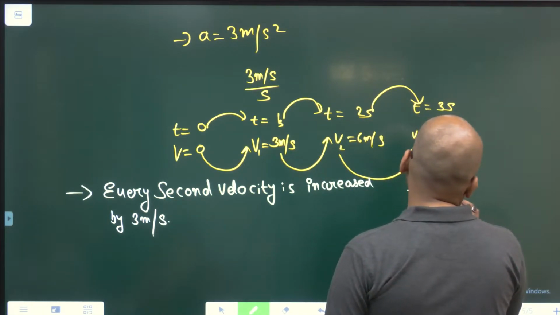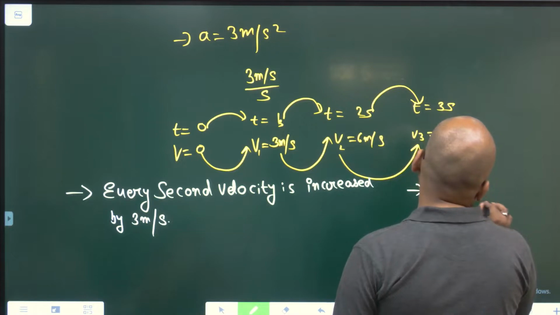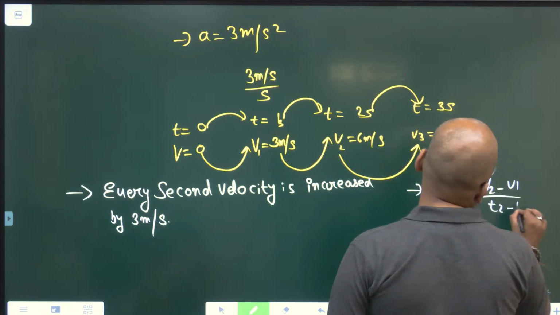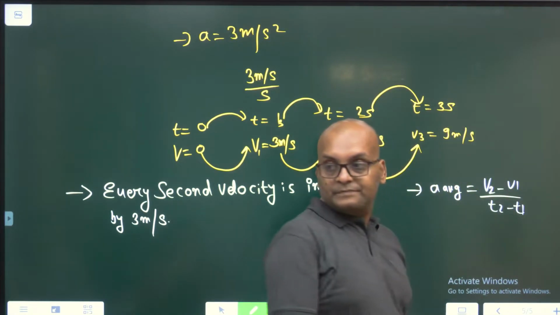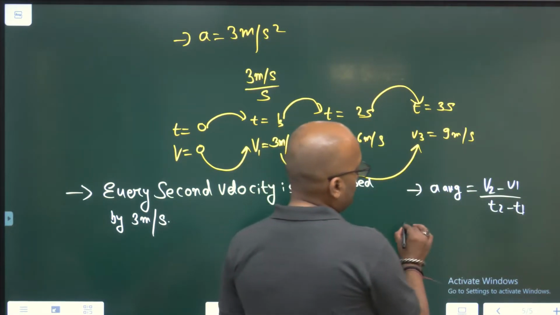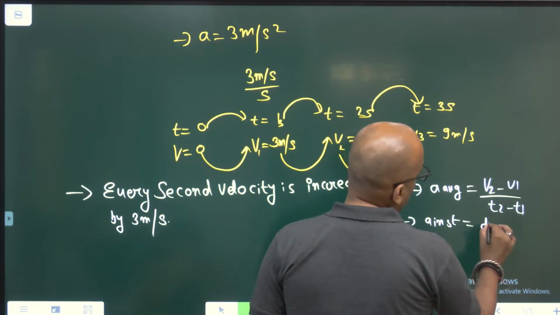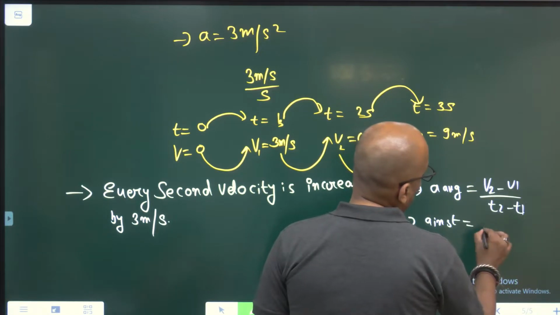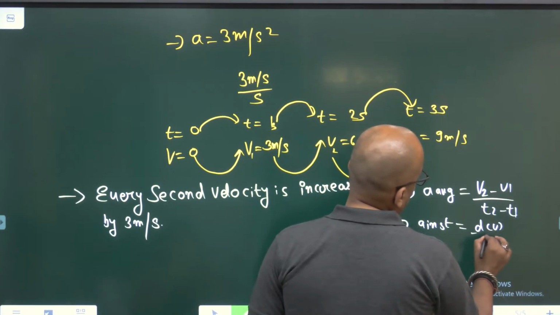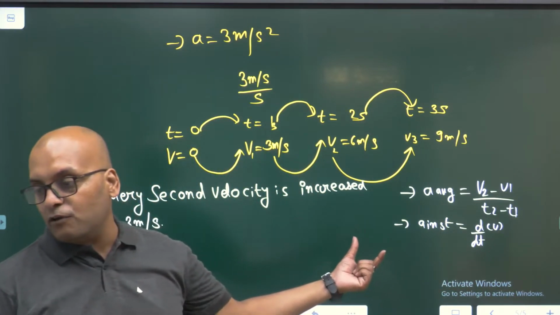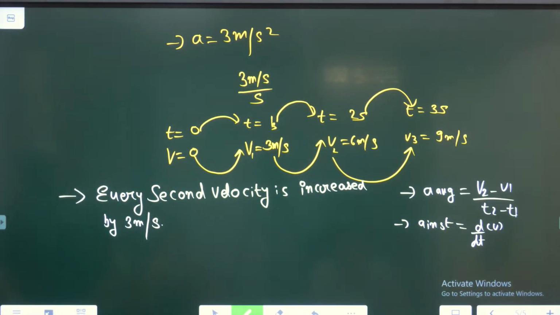Now, A average will be V2 minus V1 upon T2 minus T1. Okay? A average. And what will be A instantaneous? Pay attention. A instantaneous will be dv upon dt. That is, you have to differentiate velocity with respect to time. And what's the meaning of it?